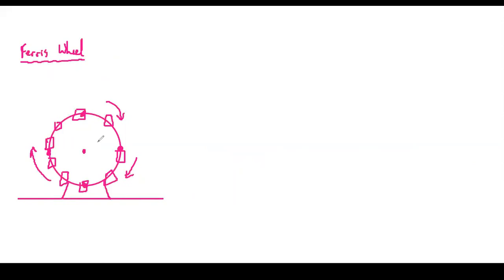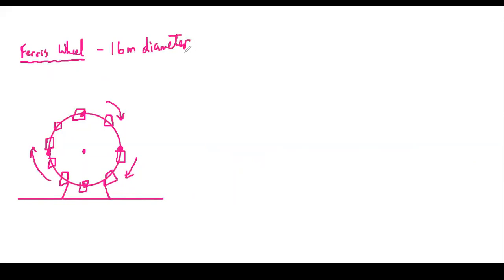So there are some parameters around this that you'll need to understand. We can model this by saying, let's say this is a 16 meter diameter Ferris wheel.